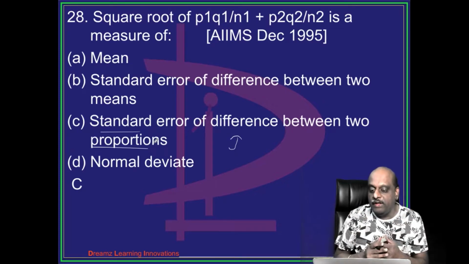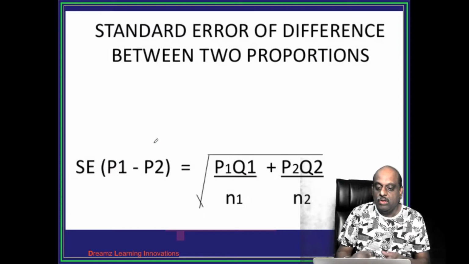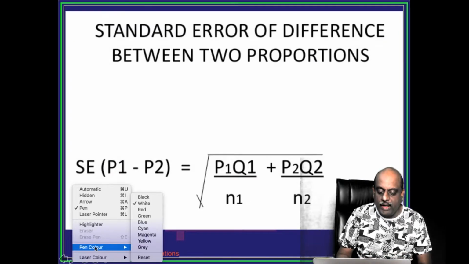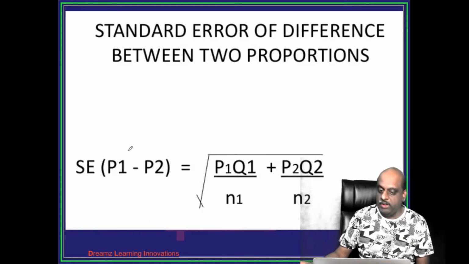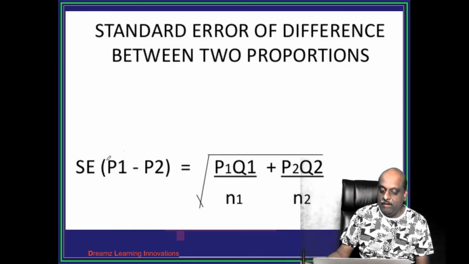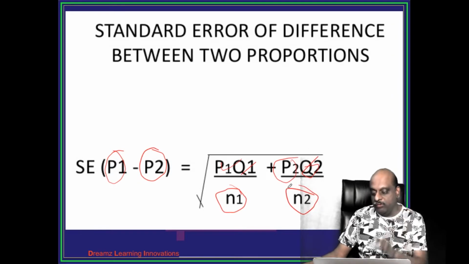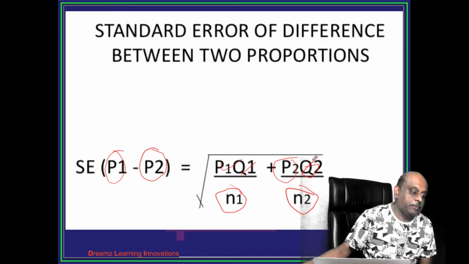If you take two proportions P1 and P2, then the square root of P1 Q1 by N1 plus P2 Q2 by N2 will give you the value of standard error of difference between two proportions.